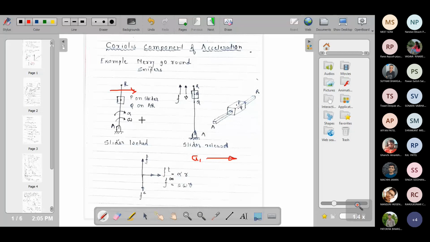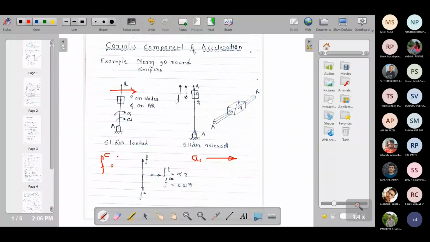Now you will have another component, that is the radial component or centripetal component. So how will you find the centripetal component?